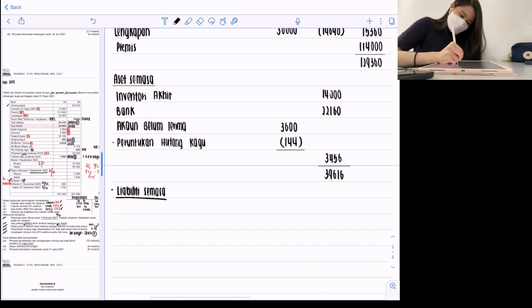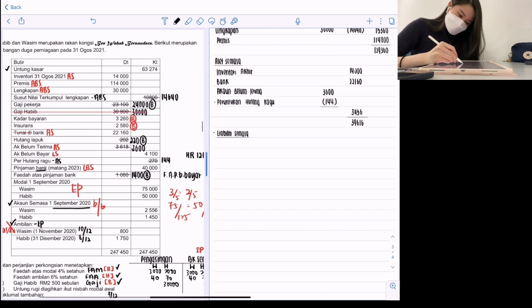LS, no matter what, also will have one lah. But in this case, we have 2, which is the one we created ourselves. Faedah atas pinjaman belum bayar.